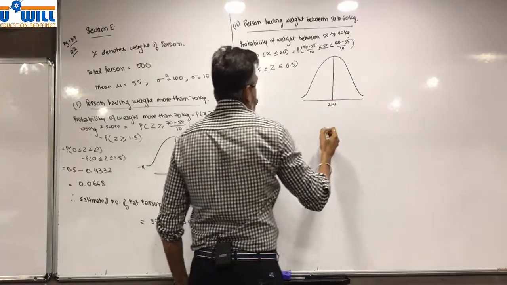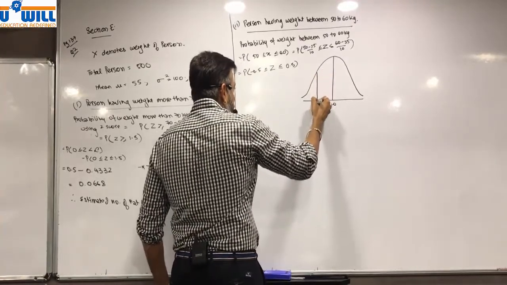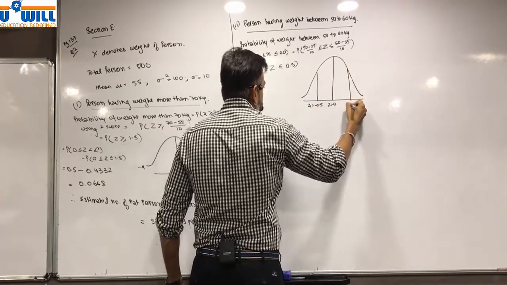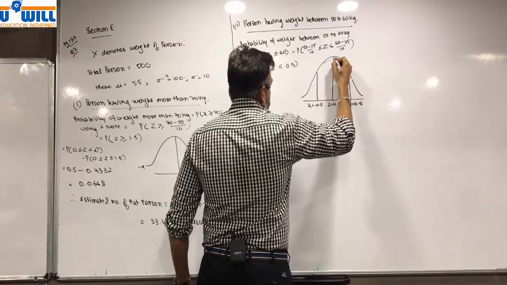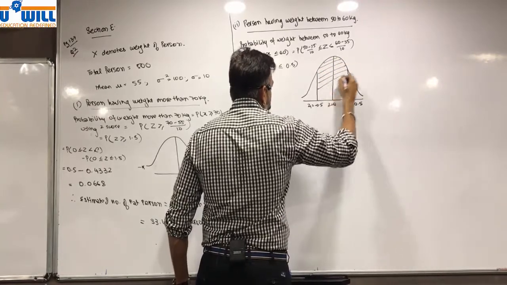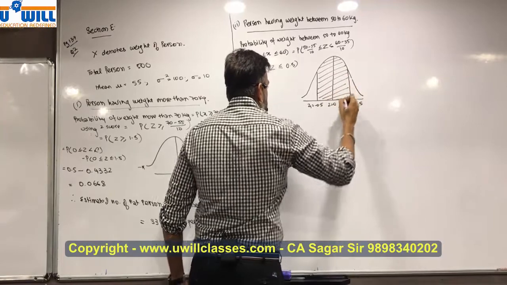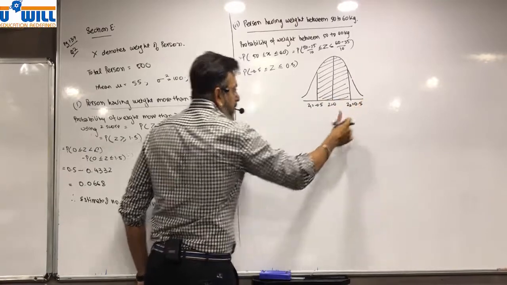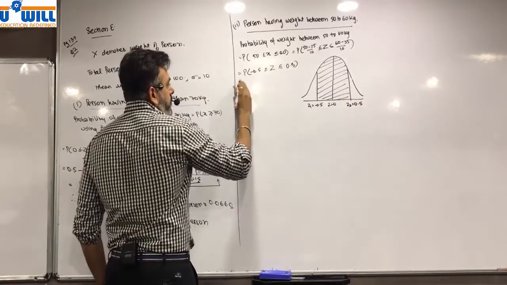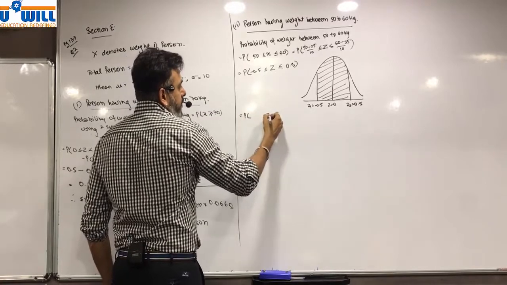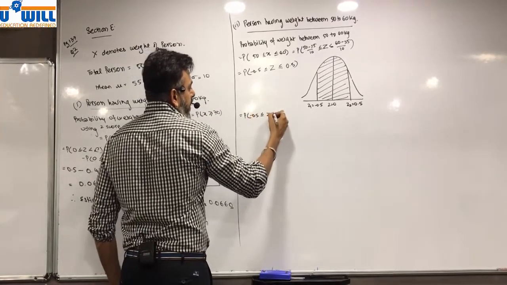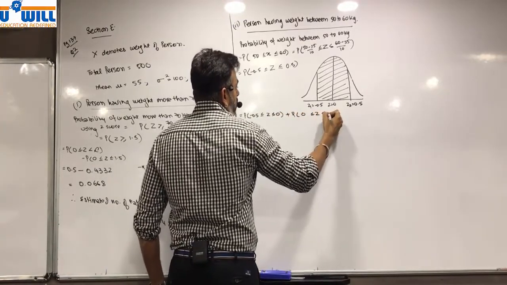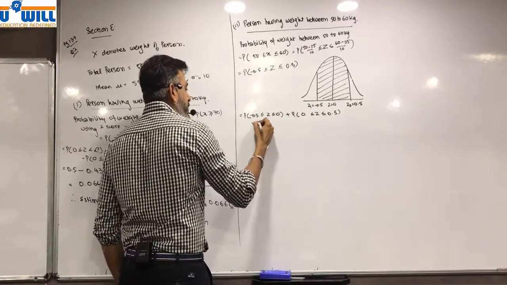Z is equal to 0, Z1 is minus 0.5 and Z2 is equal to plus 0.5. We want this complete area. So minus 0.5 to 0 and 0 to 0.5 is equal to probability of z greater than equal to minus 0.5 less than equal to 0 plus probability of z greater than equal to 0 less than equal to 0.5, using the table.